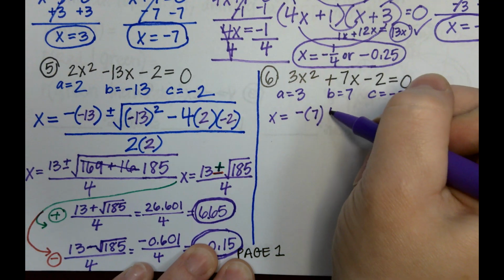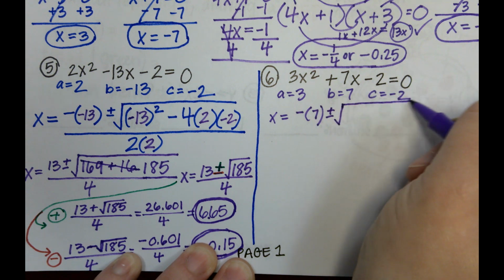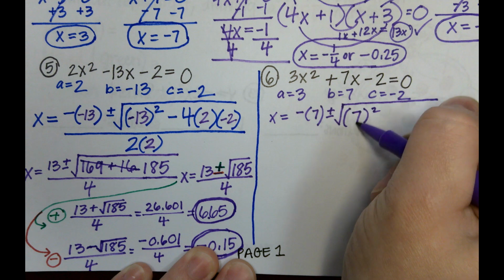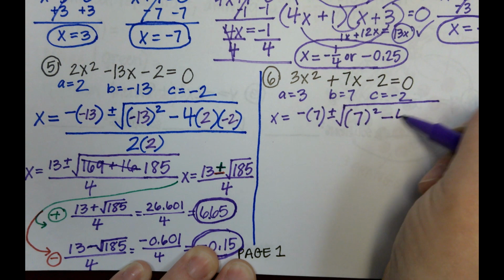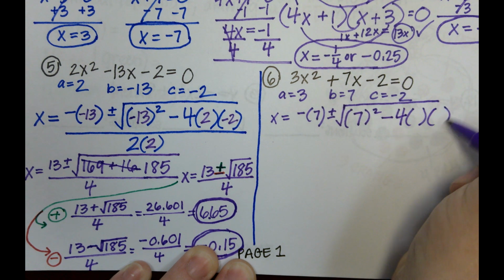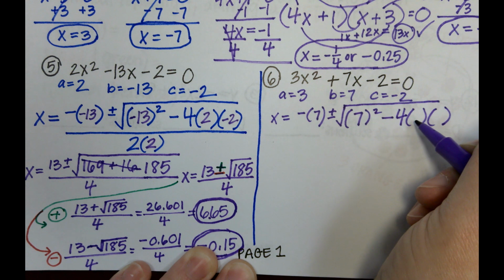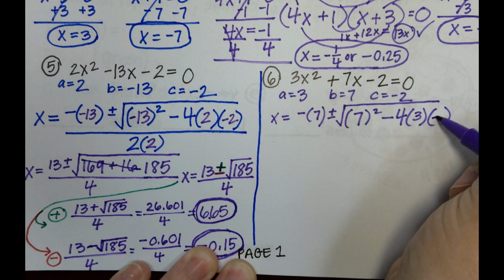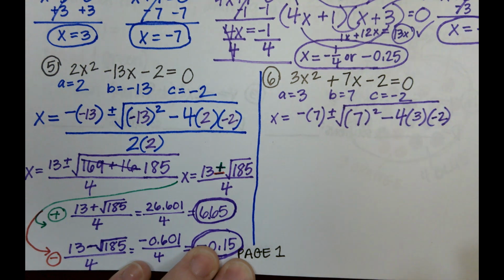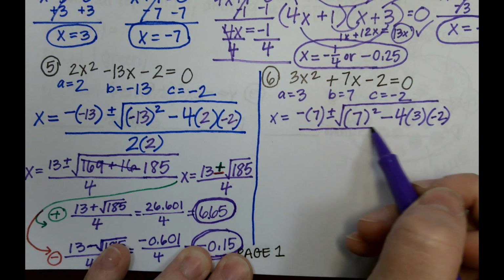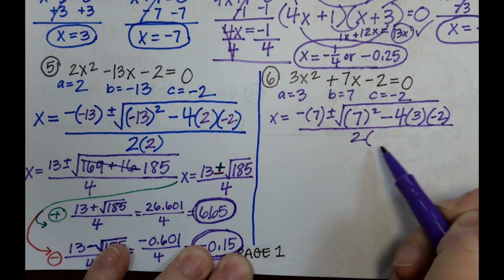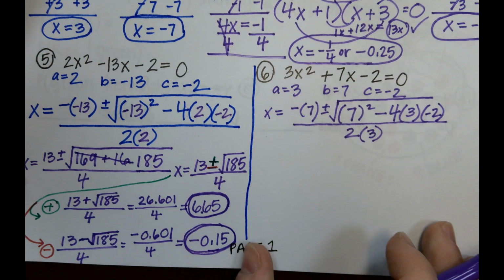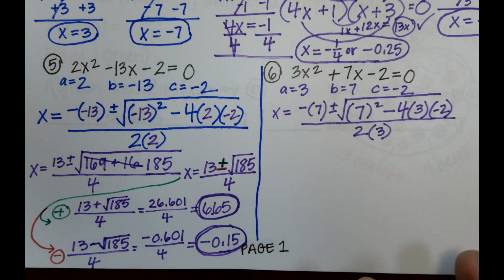Plus or minus the square root of what? 7 squared minus 4 times A, 3, times -2, careful on your signs, all of that divided by 2 times 3. Okay, and let's simplify.